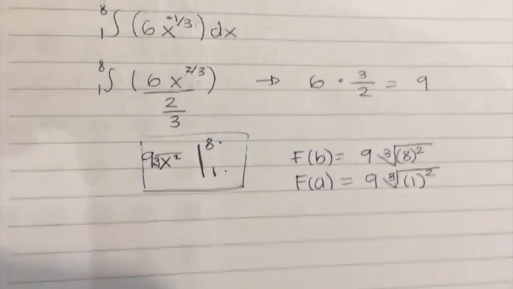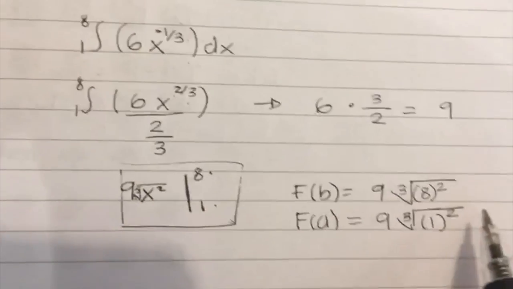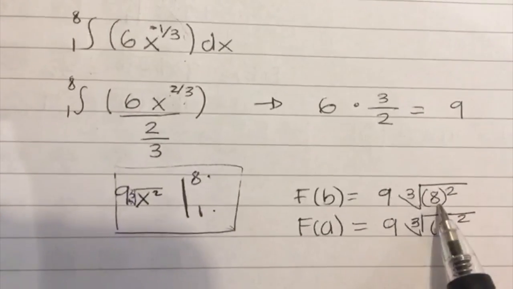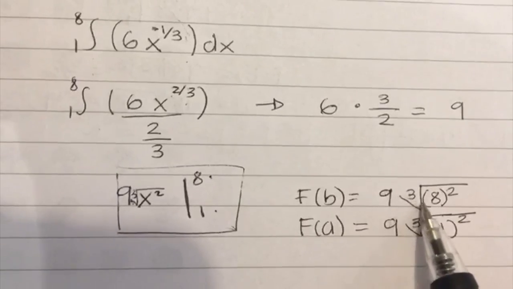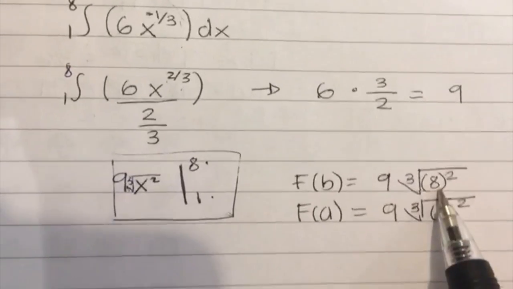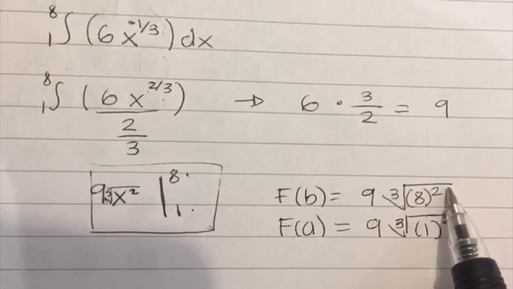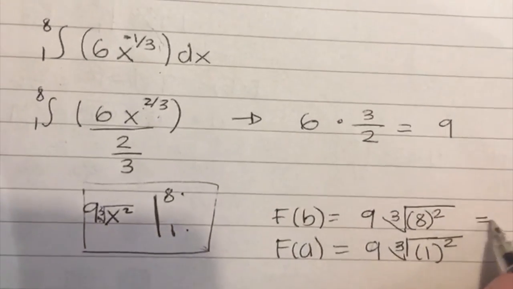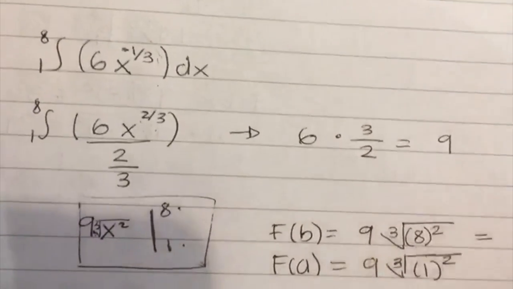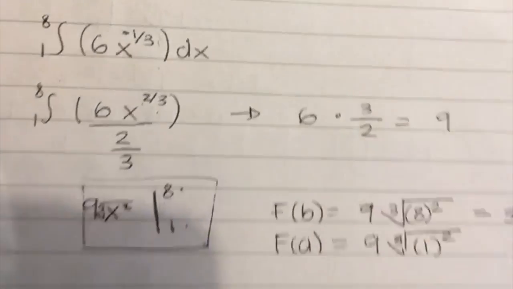So now I have this, I need to solve it. So it's the cube root of 8, it's 2, and then to the power of 2, it's 4, times 9, it's 36.